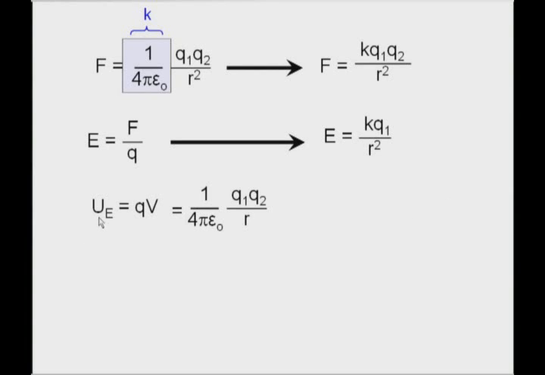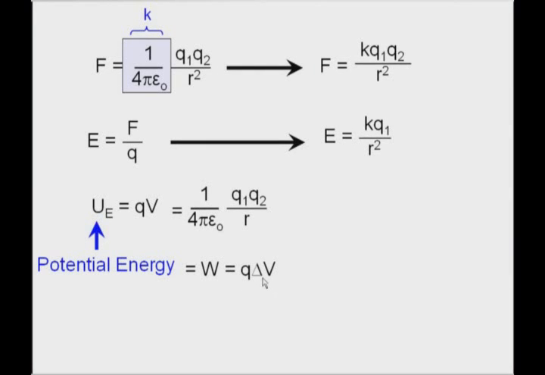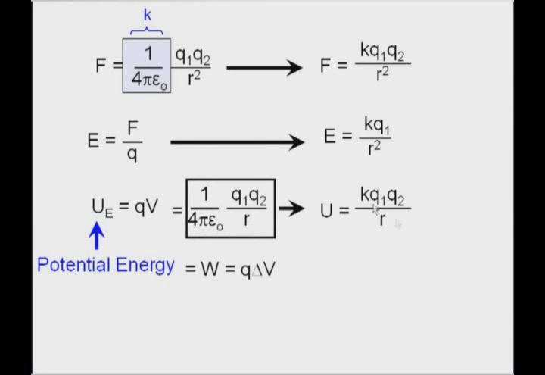The next one, U is the symbol for potential energy, and that equals Q times V, or in the case that we've been talking about today, it's Q times the change in potential. And then this is the formula for the point charges. That's going to reduce down to KQQ over R.